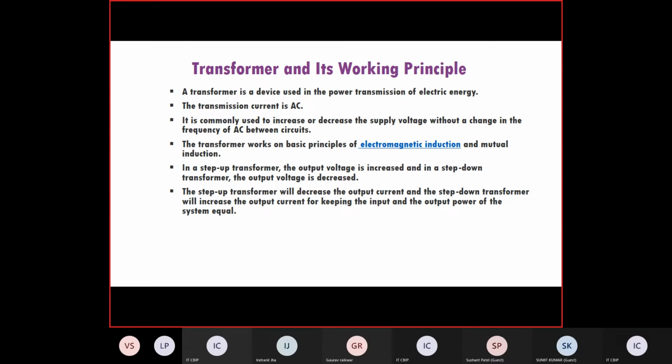Then those generators are connected through a network of transmission lines. And these transmission lines are joined together by transformers.